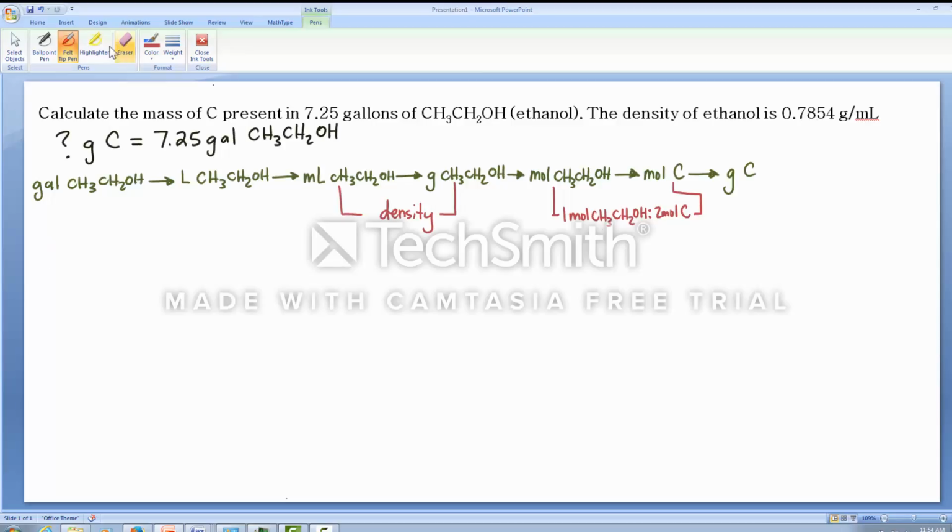So let's start out with this calculation. We start with 7.25 gallons CH3CH2OH.